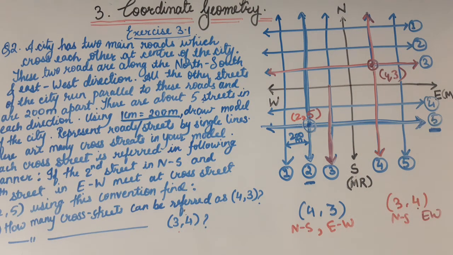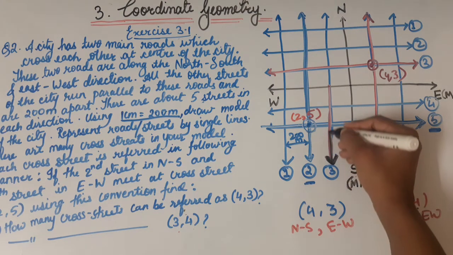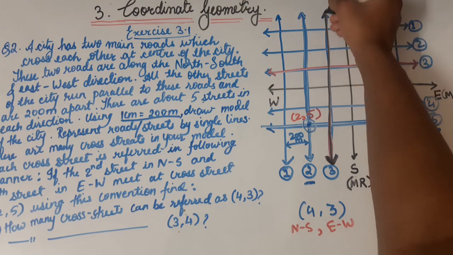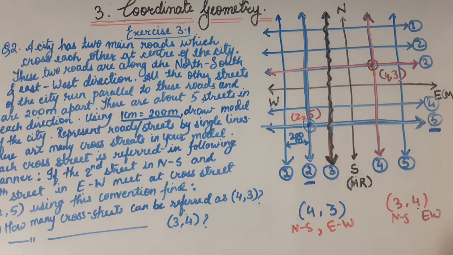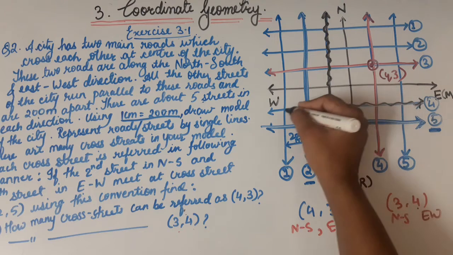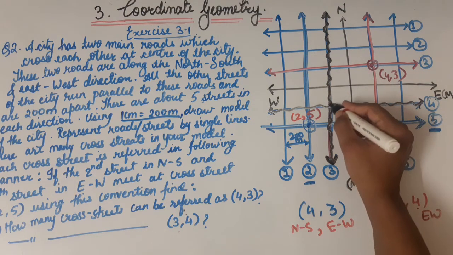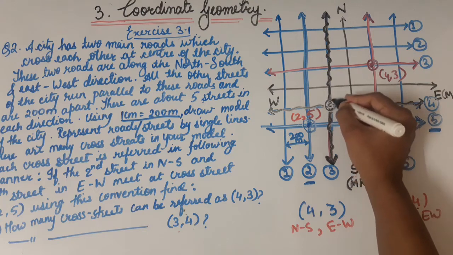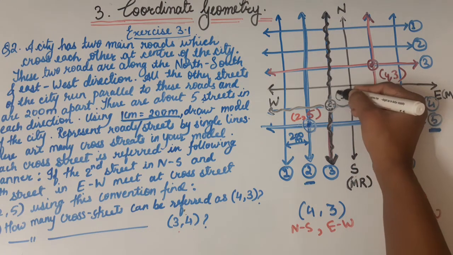So 3 in the north-south and 4 in the east-west. So this is the 4th in the east-west. So how many places are they intersecting each other? Only one. So this point will be referred to as 3, 4.